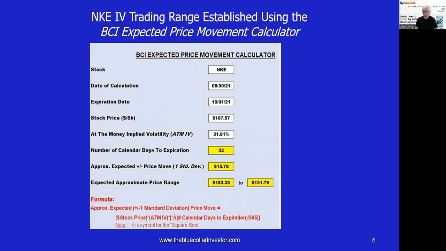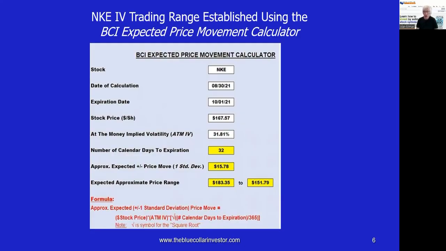Just enter those 5 things into the white cells at the top, and here's what the spreadsheet will calculate for us. The number of calendar days to expiration, if taken to expiration, 32 in this case. The expected trading range using the conversion formula, which I'll give you in a second, is $15.78.